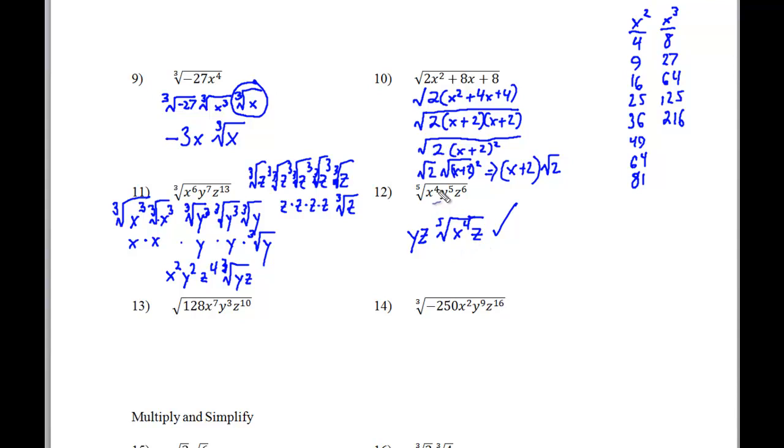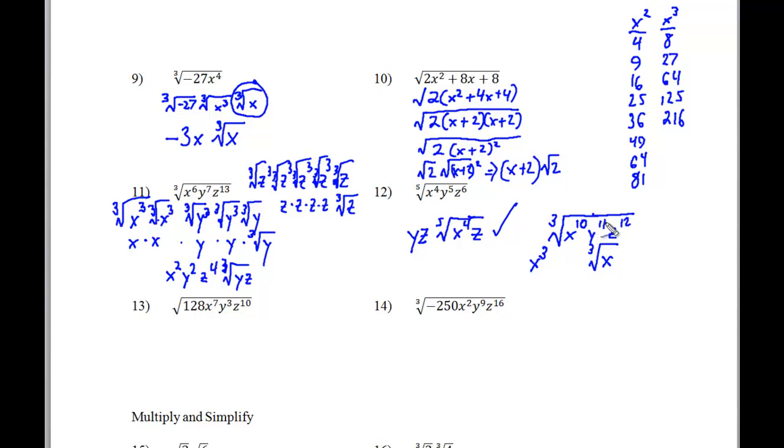So you need a number bigger than the index to get out, and the number on the inside will be how many are left over. So taking another example off to the side here, what if I had the 3rd root of x to the 10, y to the 11, and z to the 12? Well, 10 divided by 3 is 3, so that means 3 gets out, but I have 1 left over, so that means I'd have 1 x inside here.